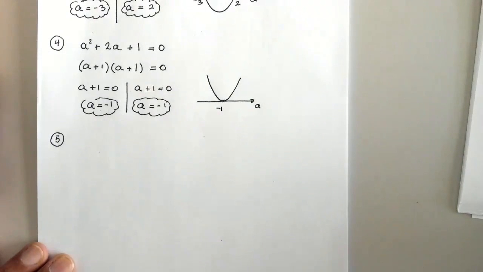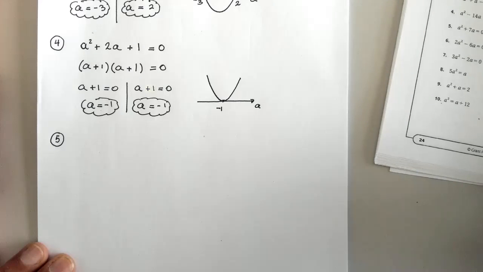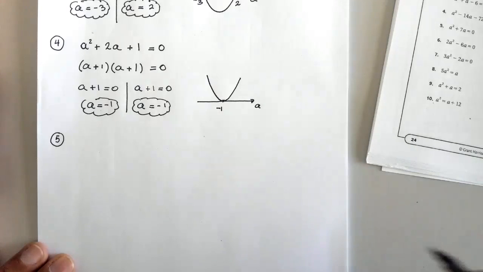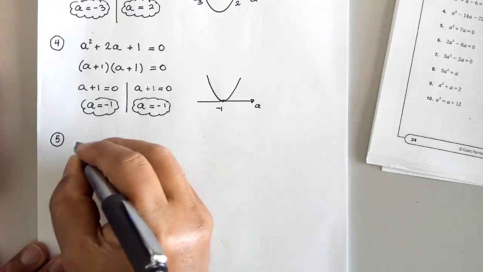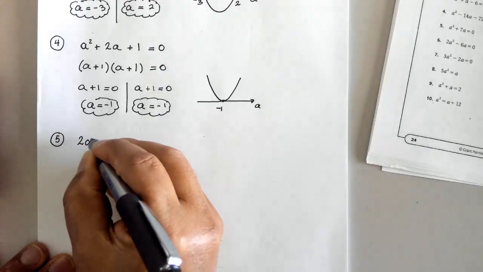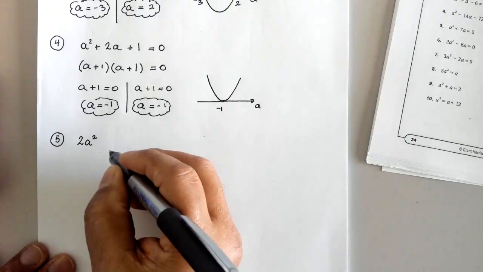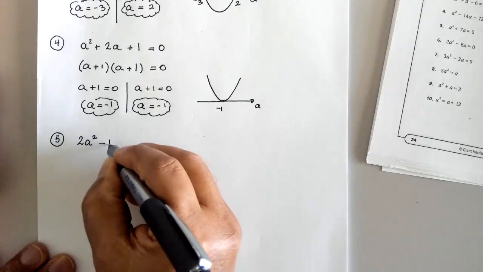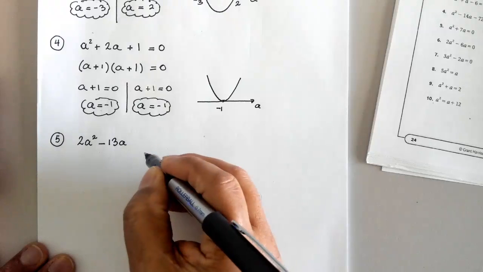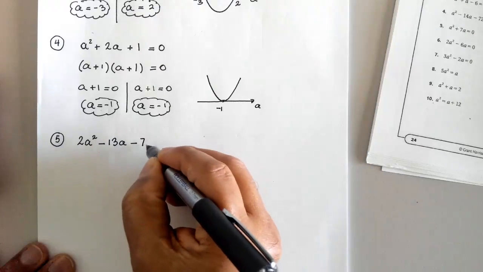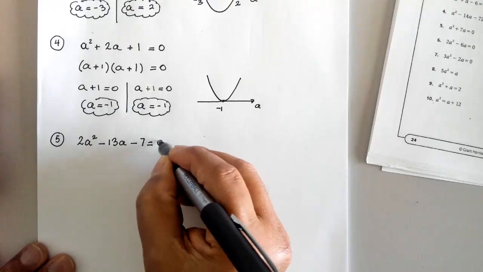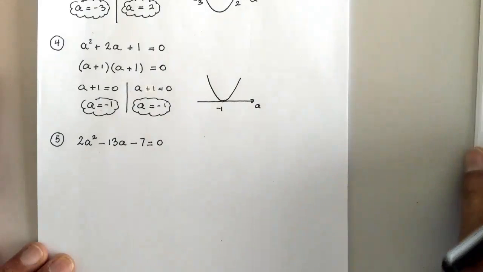Let's say that we have a question like this one. We've got 2a squared minus 13a minus 7 equal 0.